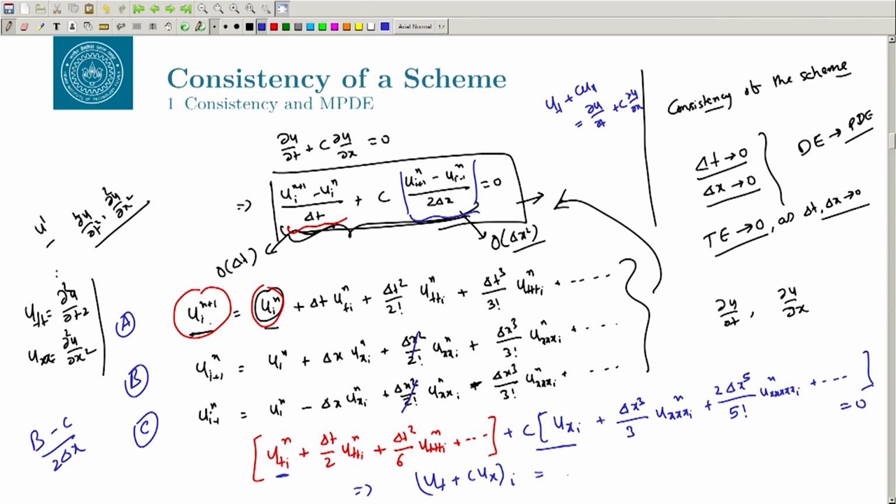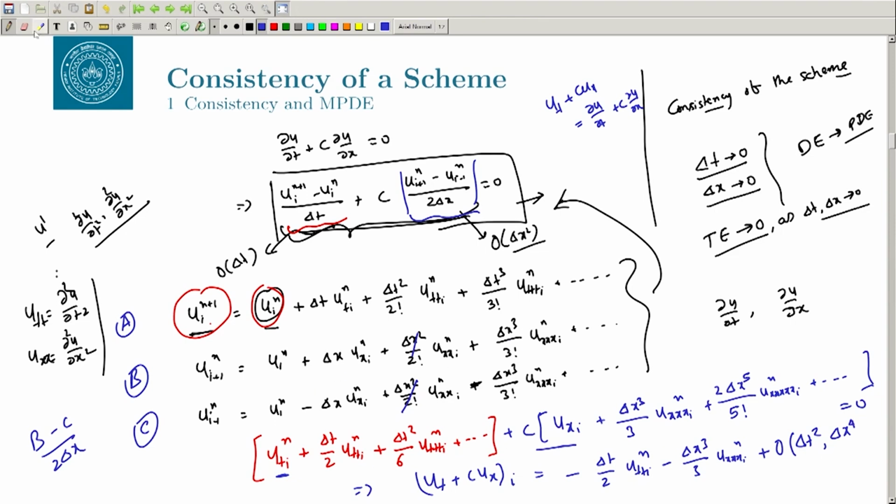That will become minus delta t by 2 u_tt at (i, n) and minus delta x cube by 3 u_xx at (i, n), and then plus or minus does not matter, order of delta t square and delta x to the power 4. There is an error here, because we are dividing by delta x.